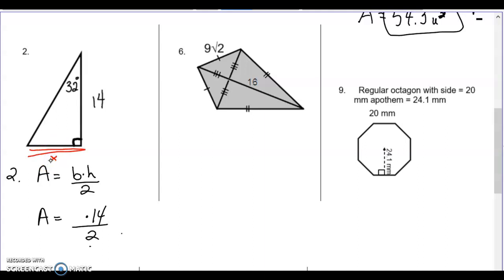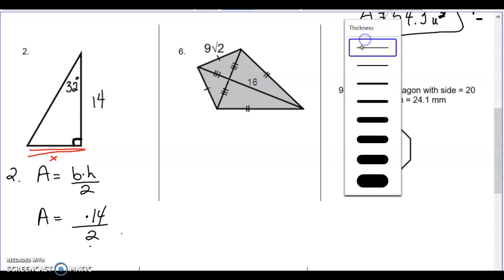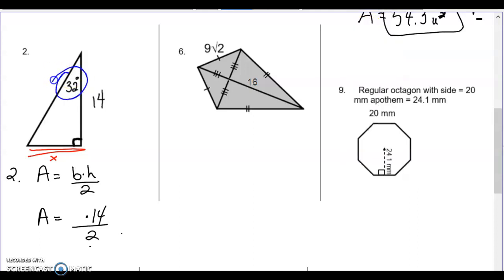I cannot use my Pythagorean triples because I only know one side. In order to use the Pythagorean triples, I have to have 2 of them. So this one I actually use SOHCAHTOA on. I'm going to circle the angle. This X over here would be the opposite side. The 14 would be the adjacent side.